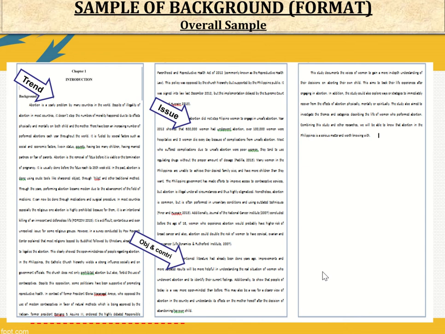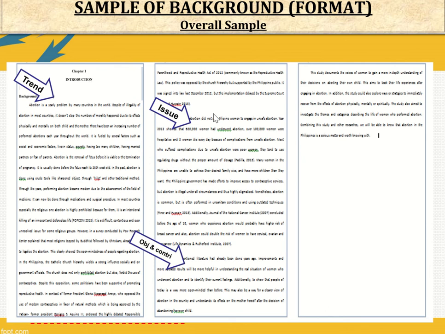Okay, meaning walang connection or talon ng talon yung ideas from one idea tatalon to another idea. So walang connection between the literature or yung pinapakita nila. So remember this, you have to limit the use of paragraph and present your background of the study the way I discussed to you the TIOC approach.